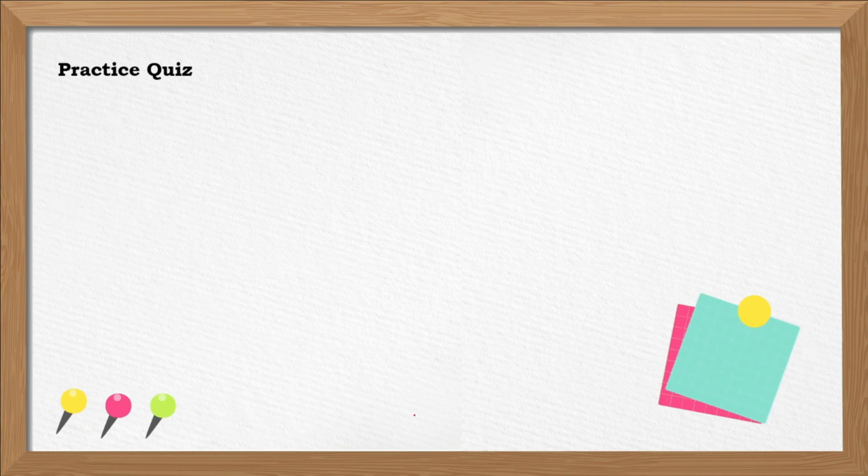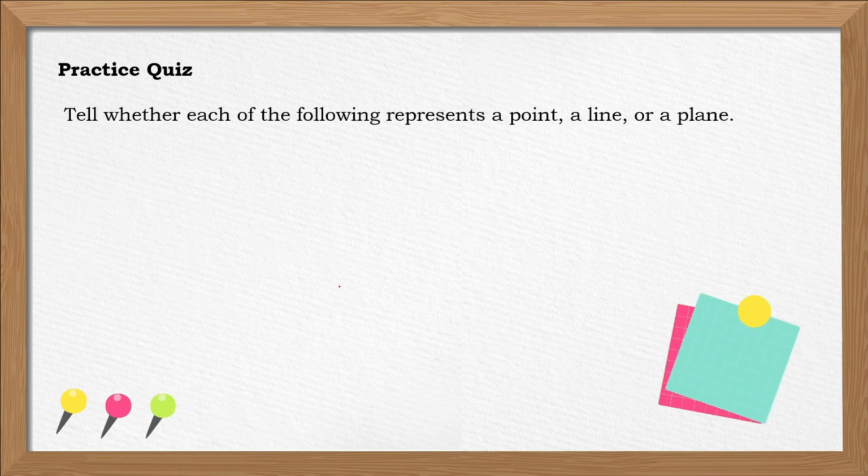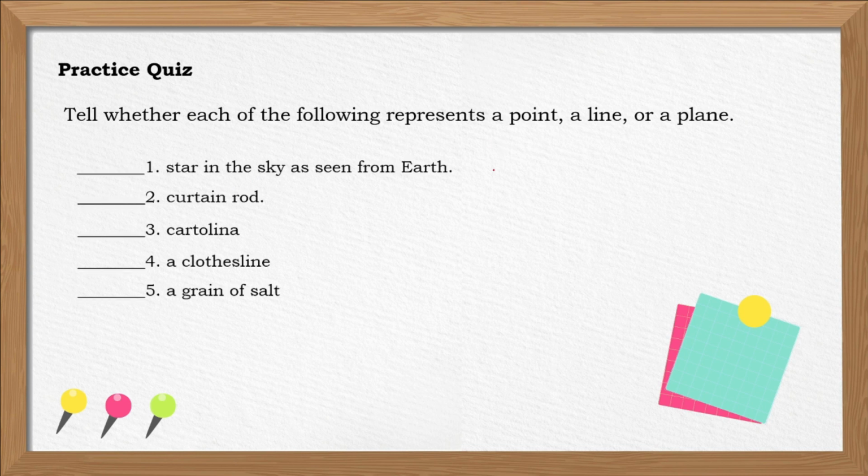Okay, let us have practice quiz. Tell whether each of the following represents a point, a line, or a plane. Number 1, star in the sky as seen from Earth. Kapag tinitingnan natin yung mga stars, it is a perfect representation of a point.